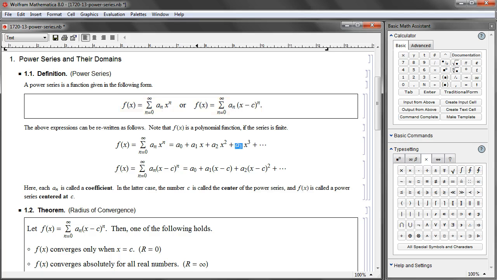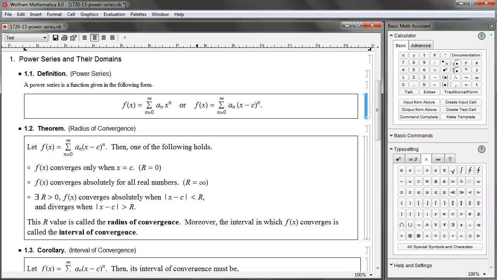And each a_n is called a coefficient, just like polynomials. C, we already talked about what c is. It's the center of the power series, or we say the power series is centered at c. Please remember these terminologies.